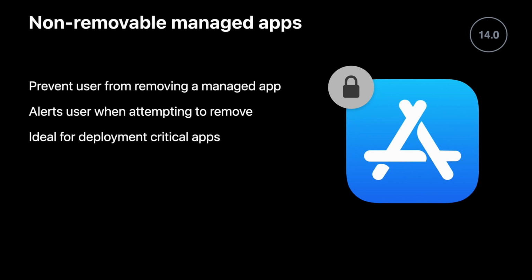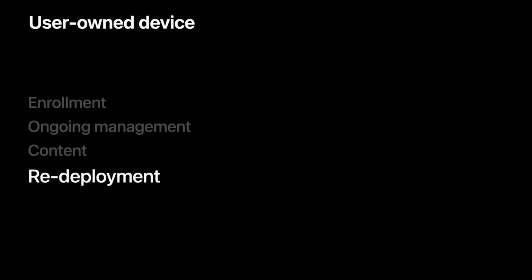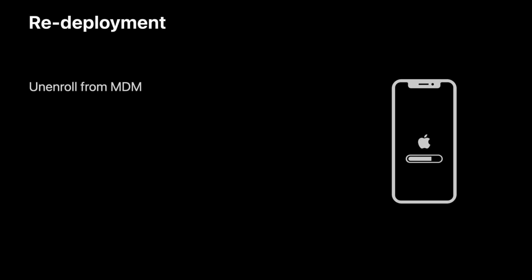And to complete the deployment for user-owned devices are scenarios such as when users are upgrading their device or leaving the organization. Whatever the reason, there will come a time where user-owned devices will need to be removed from management. The user can process this unenrollment themselves on their device in settings. You can also process this unenrollment using MDM.